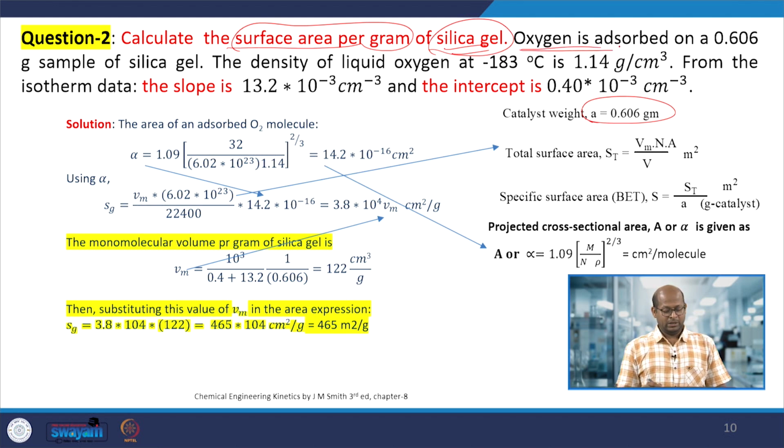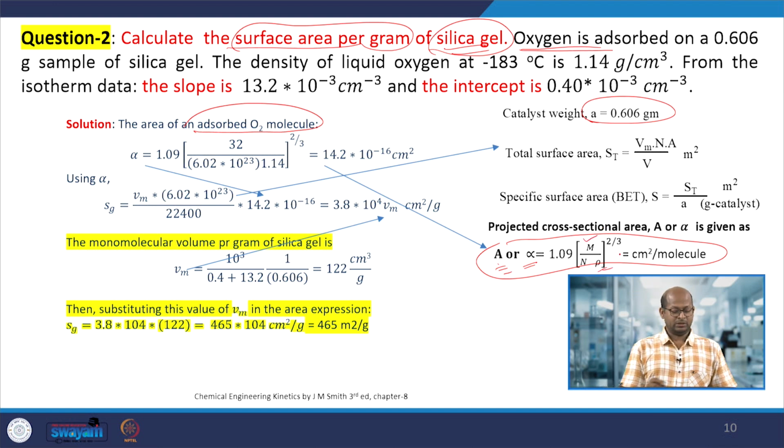Okay. So in the case of oxygen, the projected surface area equation is this, as I said. So here you have to find out alpha or A. Okay. So the molecular weight of oxygen and the density of oxygen are given. The liquid density of oxygen at this temperature is given. So density is known, molecular weight is known, N is known.